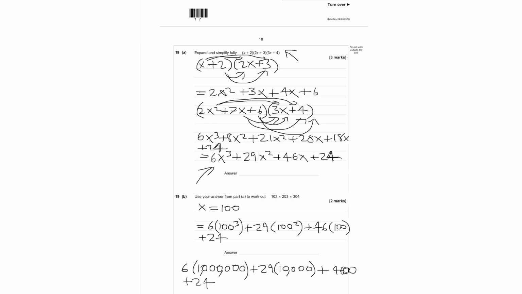So that is going to give us 6,000,000, and 29 times 10,000 is 290,000. So 6,294,624 when we add all that together.